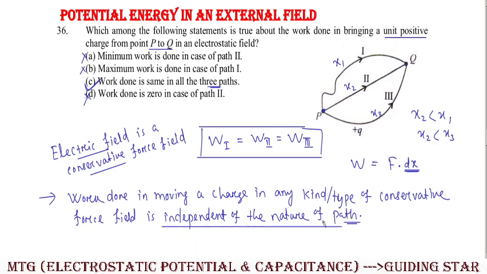Independent of nature of path does not mean that we will be taking the displacement to be 0. Clear?